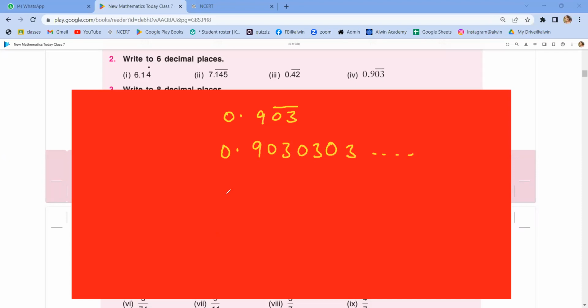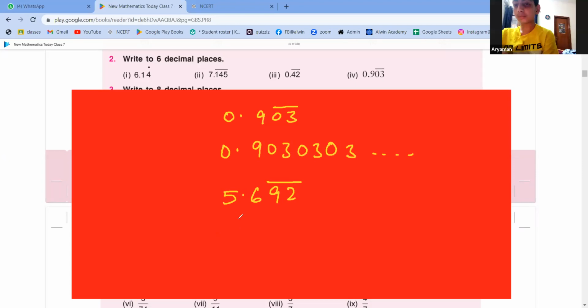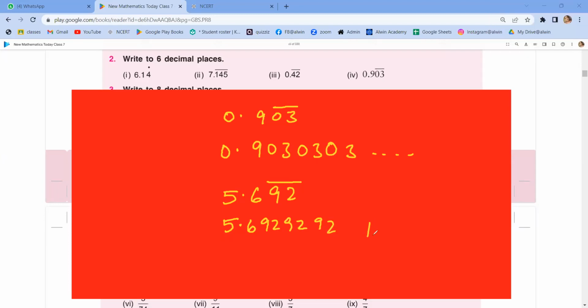Okay. So tell me, if I give you 5.692 bar over 92, how can I expand this? Tell me, Aryaman. Ma'am, 5.6929292. Very good. Priyansh, आप बताओ. 2.3702 and the bar is over 702 only.